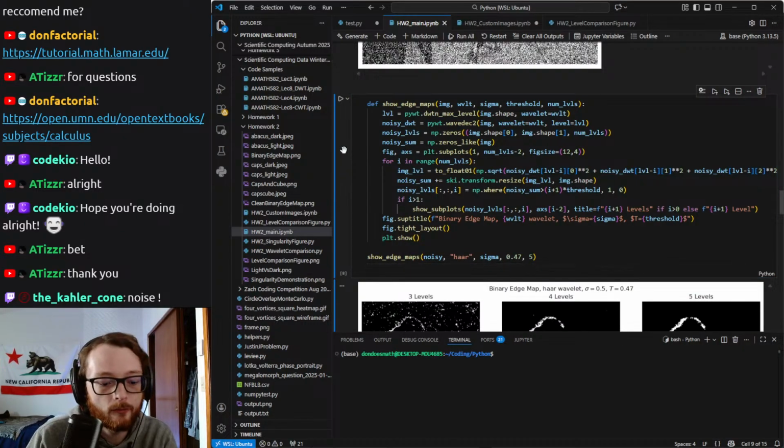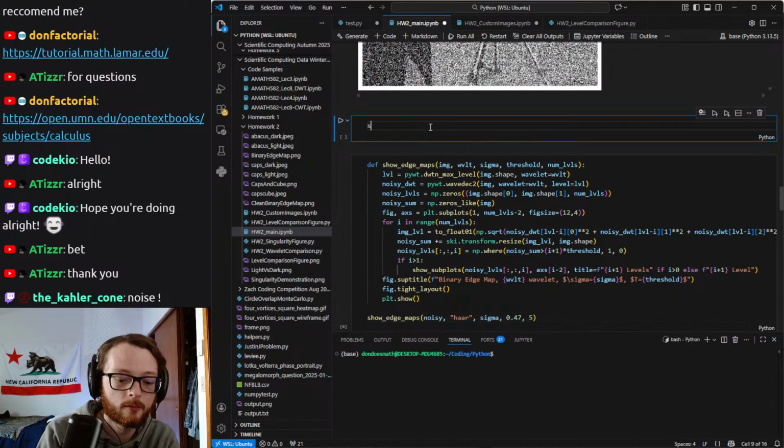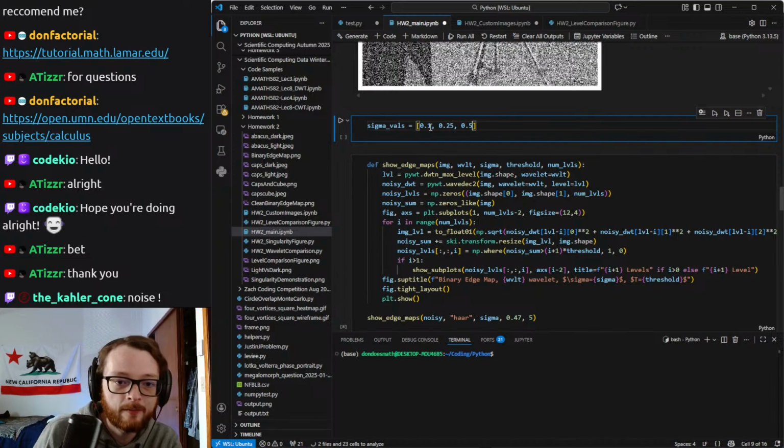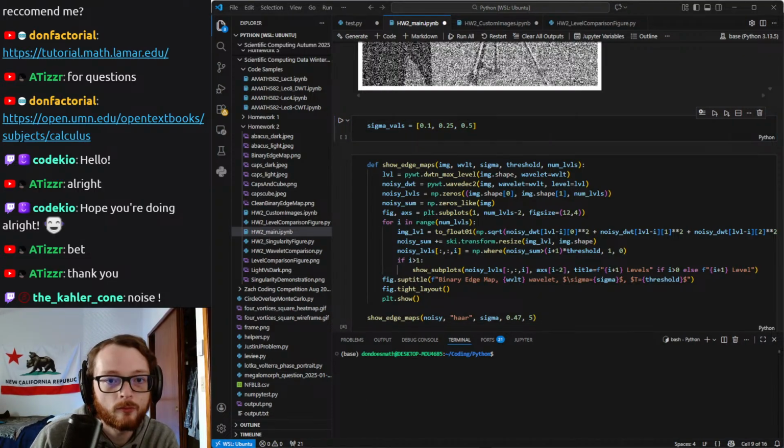The values we're supposed to use, I think, are 0.1, 0.25, and 0.5.